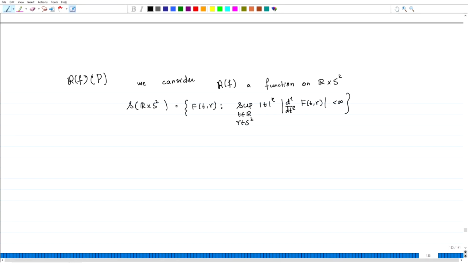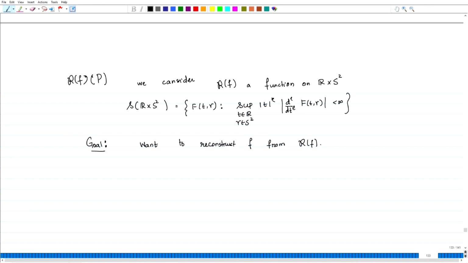So, now what is our goal? The goal is to reconstruct f from the Radon transform. That is what we want to get.